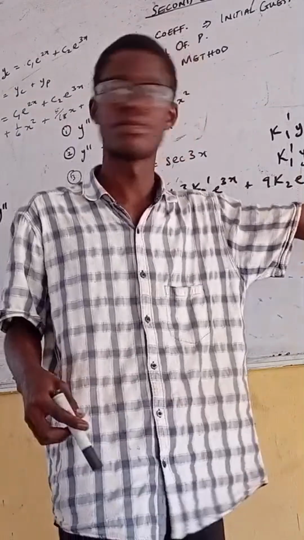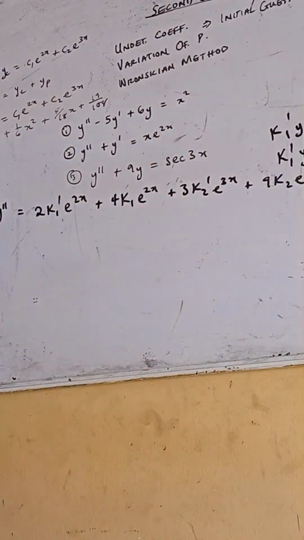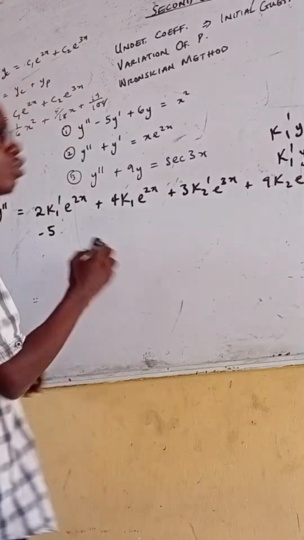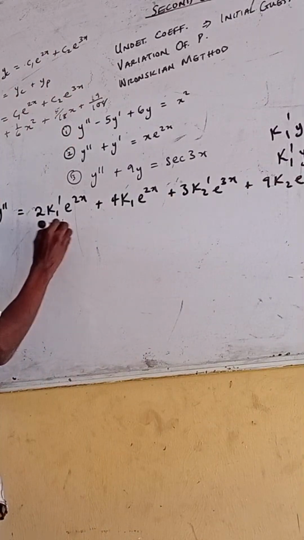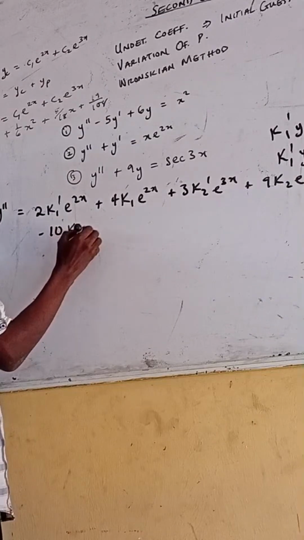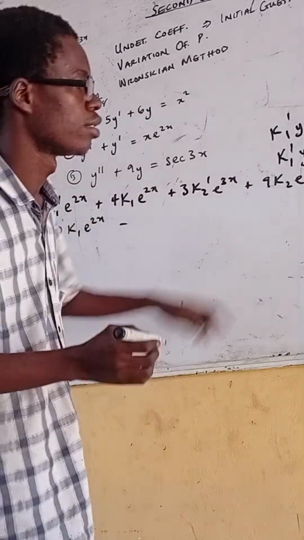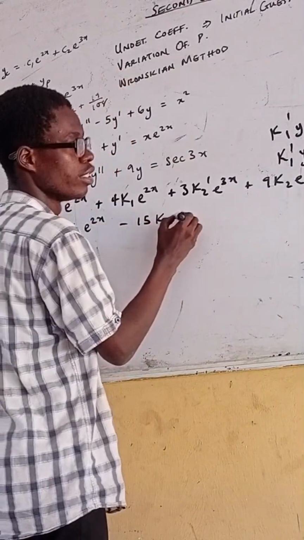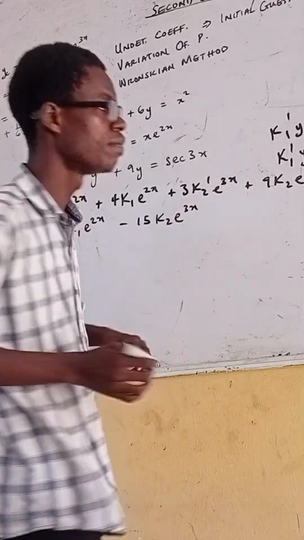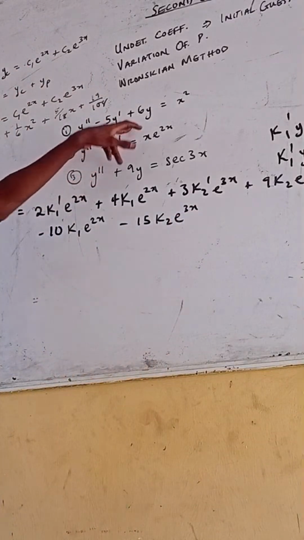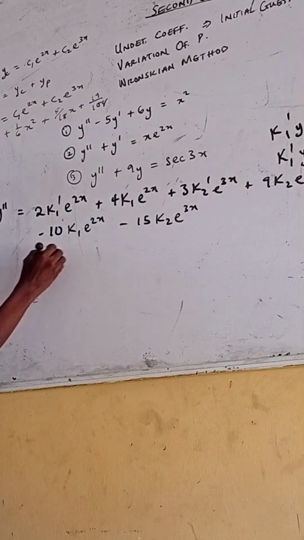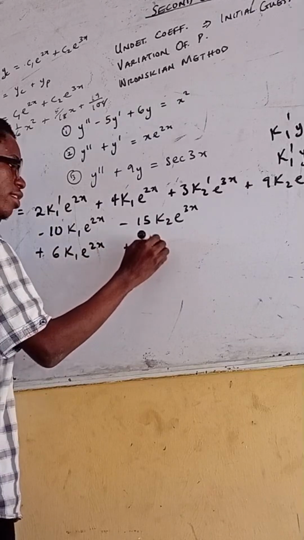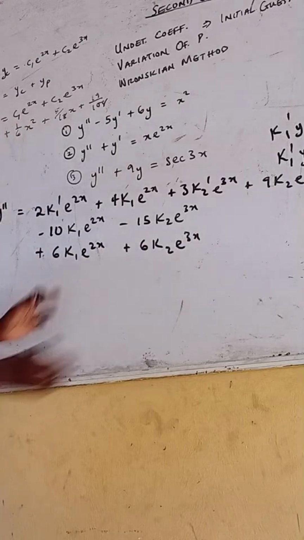This is our y. 5 of it, subtract it from this. So that will be minus 5 times 2, 10, minus 10 k1 e raised to power 2x, right? Minus 5 times 3, 15, minus 15 k2 e raised to power 3x. So what next? We are going to add 6y, plus 6 k1 e raised to power 2x plus 6 k2 e raised to power 3x. You understand how it did this?